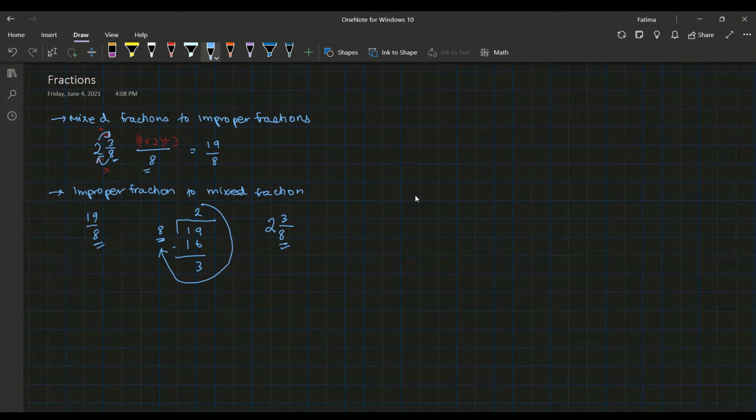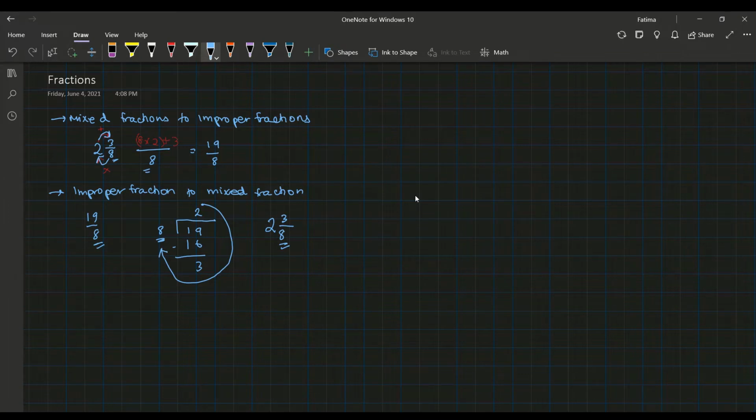You start off from the top and you work your way clockwise. 2 would be the whole number, the remainder would be the numerator, and the denominator would always be the same. So I suggest that every time you get any questions regarding fractions, for example with multiplication, addition, division, or subtraction, it's best to convert those mixed fractions to improper fractions as they become easier to work with.